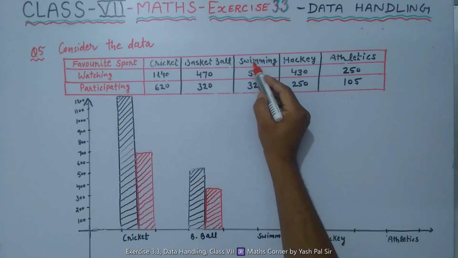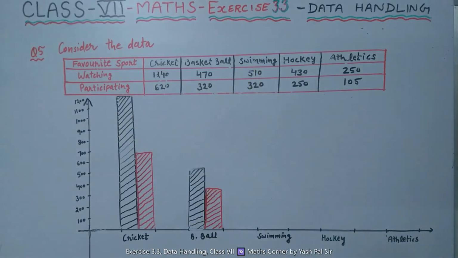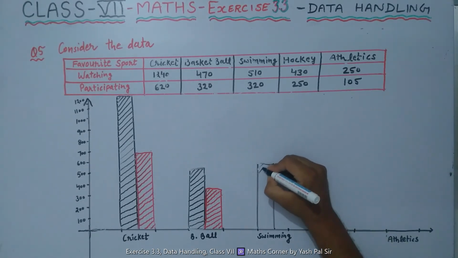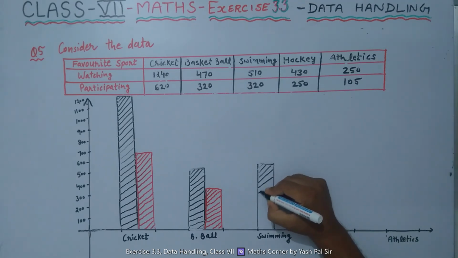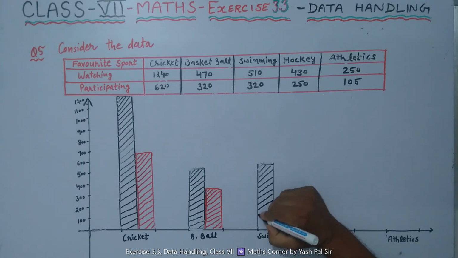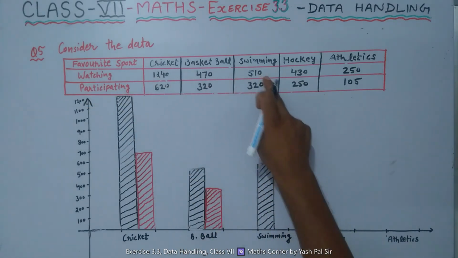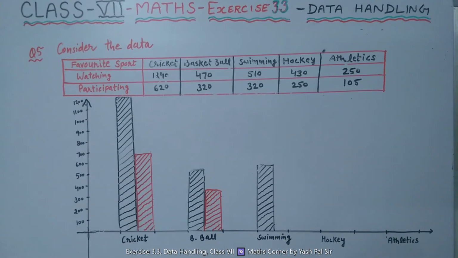Next one is swimming, 510 watching. In this way we have swimming as the favorite sport, and 510 is the number of people who like to watch.